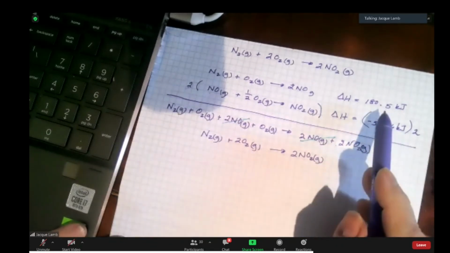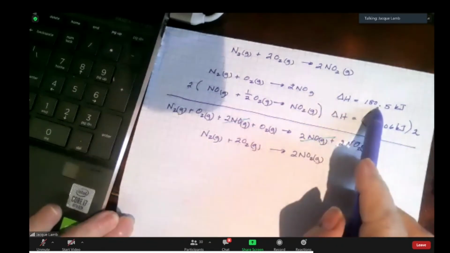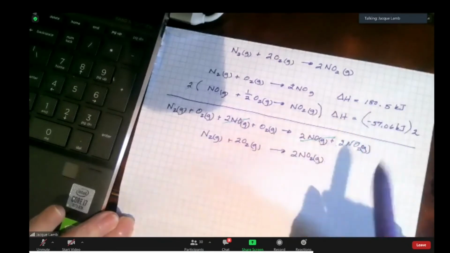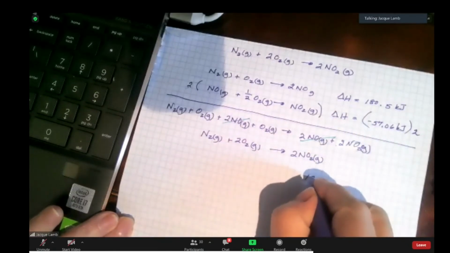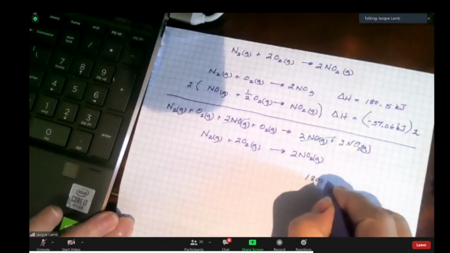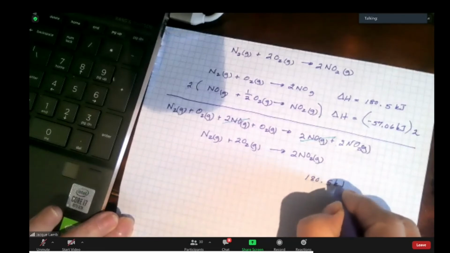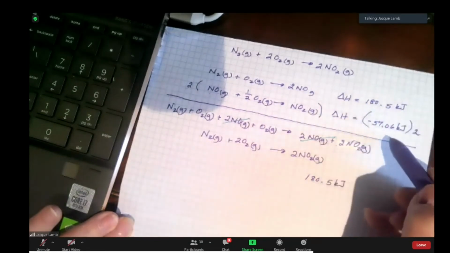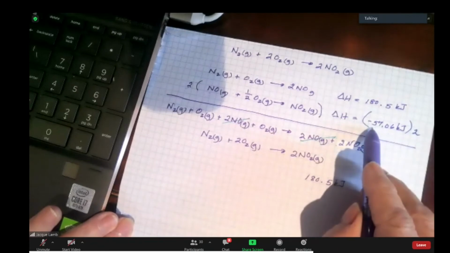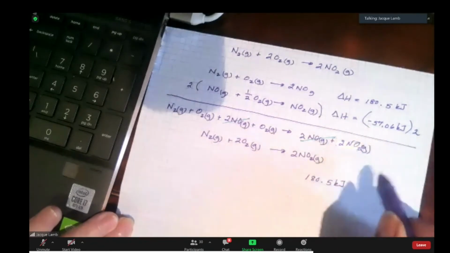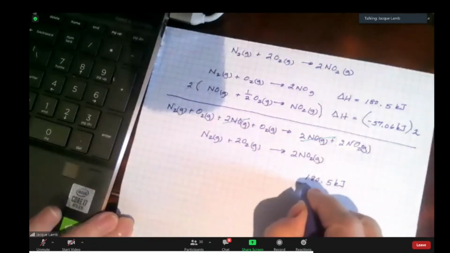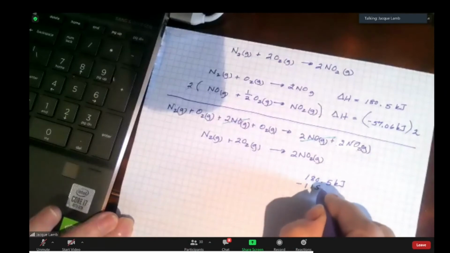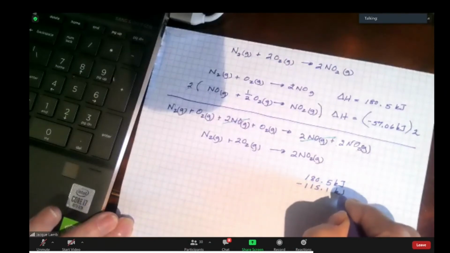To get the delta H for this reaction, the first was used as is, so that's 180.5 kilojoules. And we have to add together this one, minus 57.06 times 2, which is minus 115.1 kilojoules.